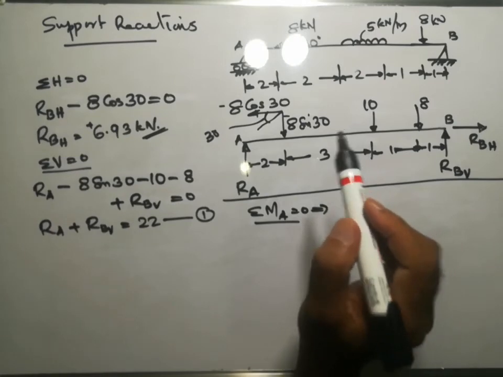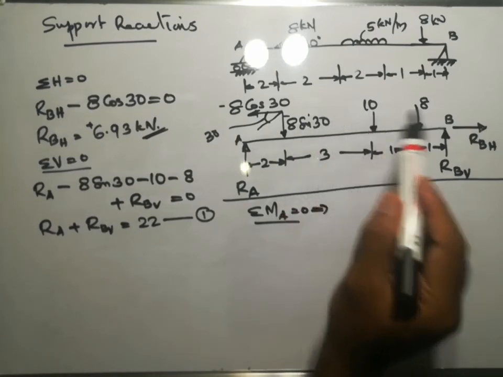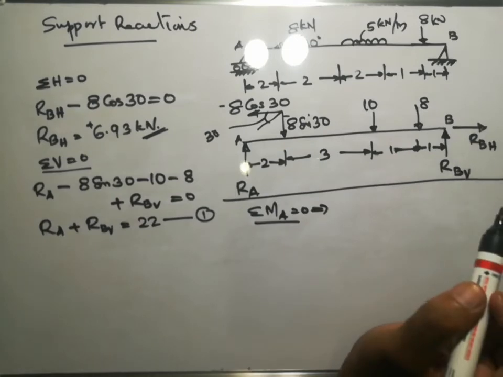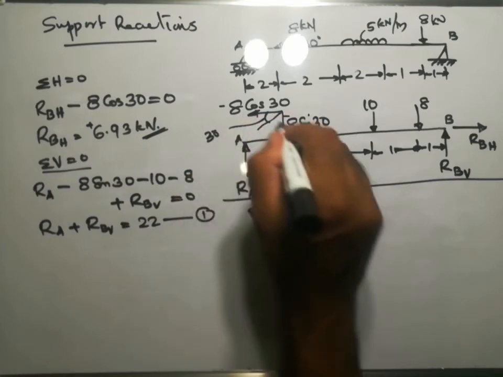Line of action is through the point itself, so there is no moment for RBH and 8 cos 30, and even though RA is acting in the vertical direction, it is acting through the same point, so there is no moment for RA. So the moment-making forces are the components 8 sin 30, 10, 8 and RBV. 8 sin 30 will make a clockwise moment, and normally we take clockwise moment as positive.